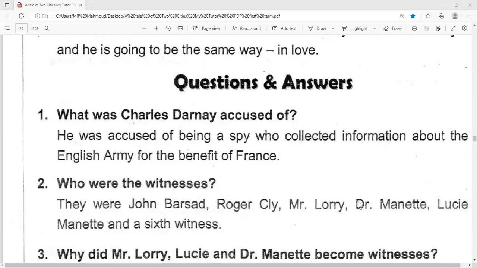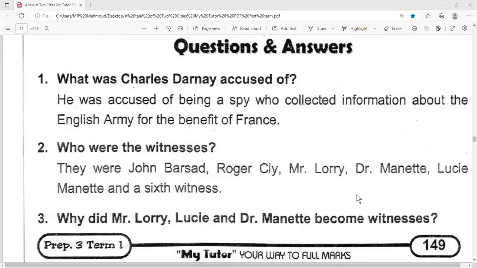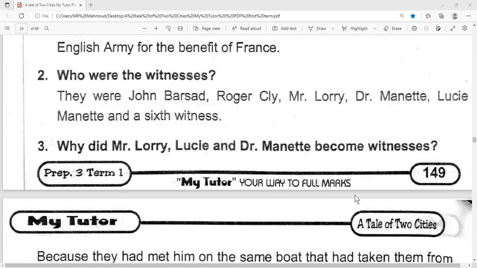Questions and answers. First question. What was Charles Darnley accused of? بماذا اتهم تشارلز دارني? He was accused of being a spy, جاسوس, who collected information about the English army for the benefit of France. Who were the witnesses? من كان الشهود?